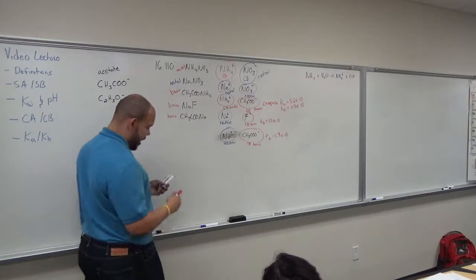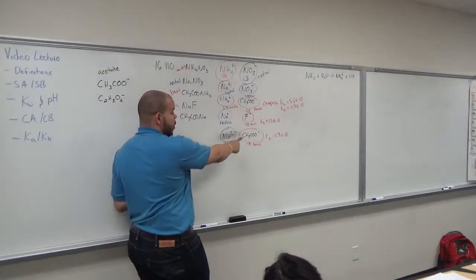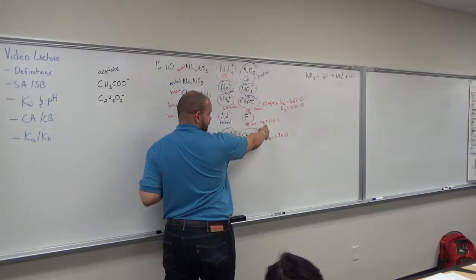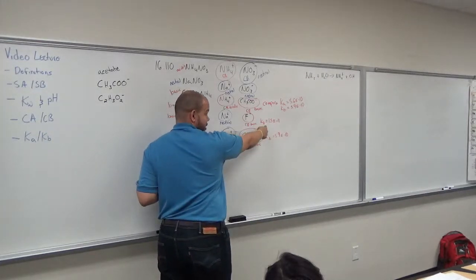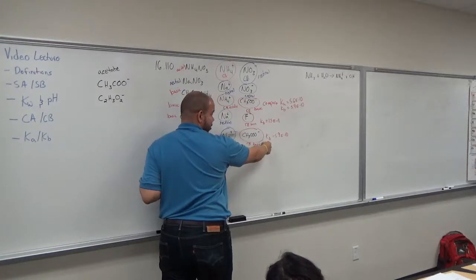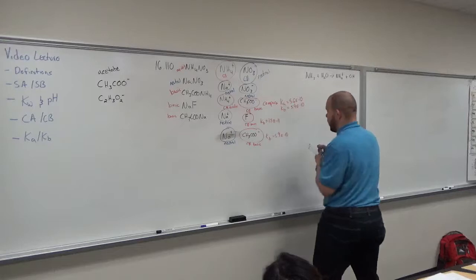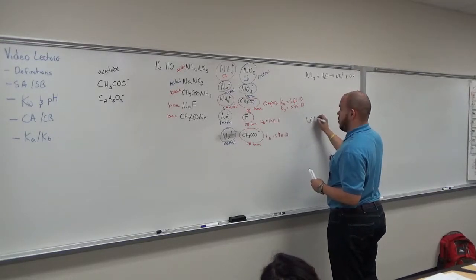So the most basic is going to be sodium acetate. The reason is that we have a Kb that is larger than the Kb for another neutral cation, right? So we should have this, which is larger than that. So increasing acidity should be sodium acetate first.